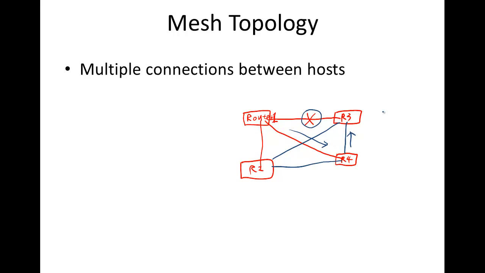So this redundancy is critical in an internet which consists of these multiple routers. The mesh topology is really the one used for the internet, and the devices really using the mesh topology are the routers.